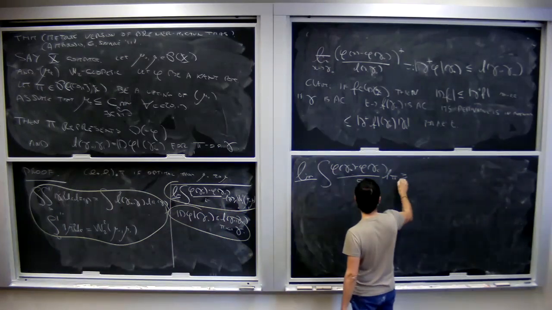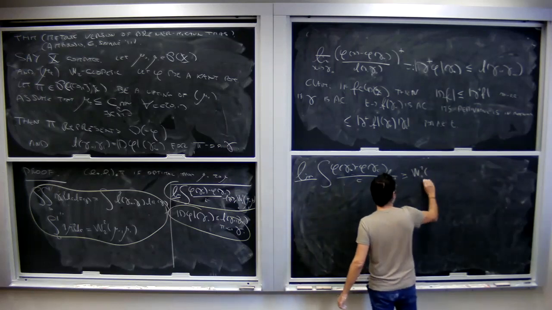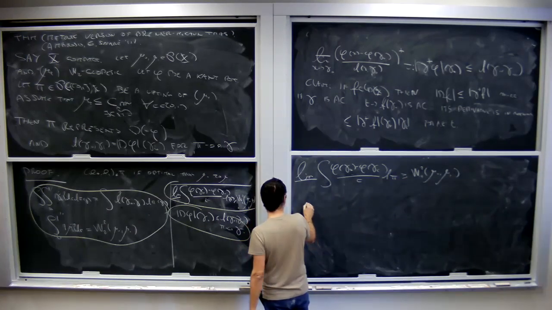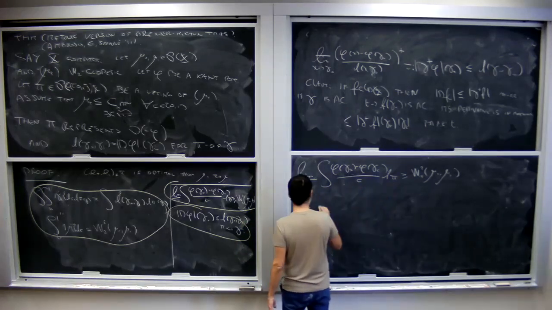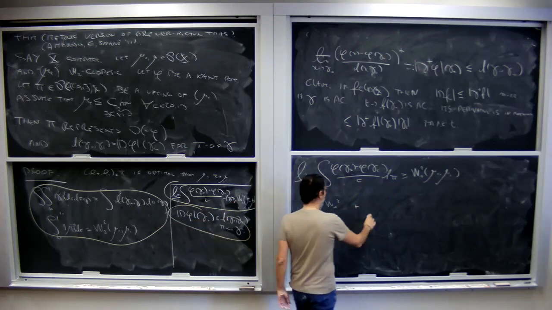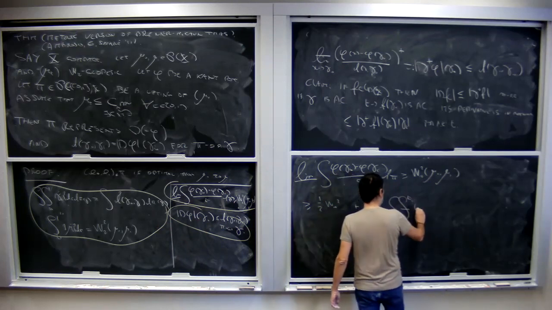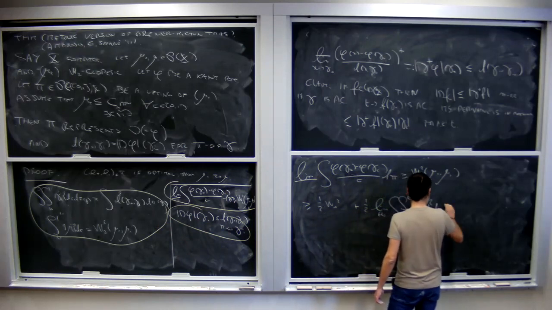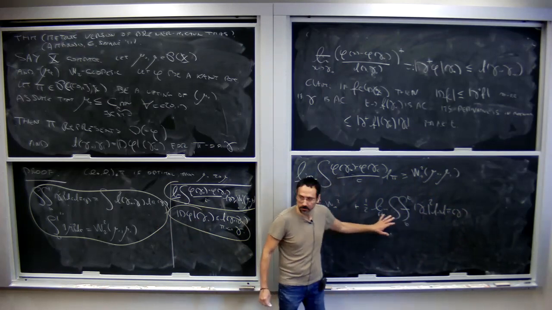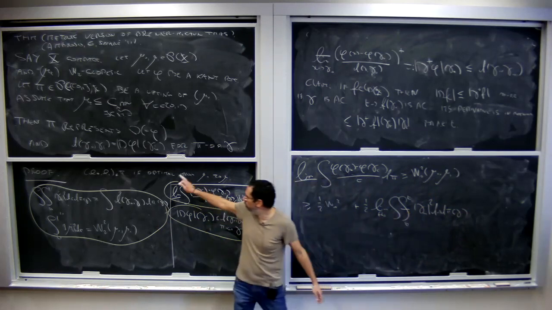This guy is greater or equal than 1/2 W2 squared plus this quantity over here, which is 1/2 the limit as t goes to 0. I'm writing the limit in a very complicated way, but this is a constant quantity because of this.